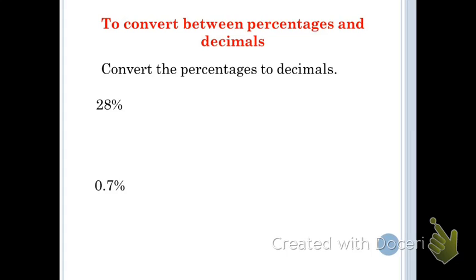Convert the percentages to decimals. 28%. Drop the percentage sign. Our decimal is behind the 8. We're going to move the decimal point 2 to the left.